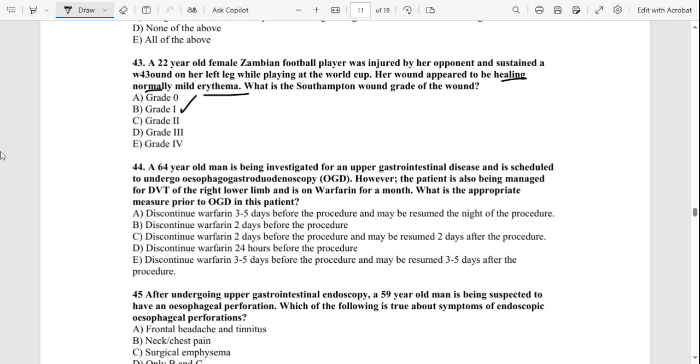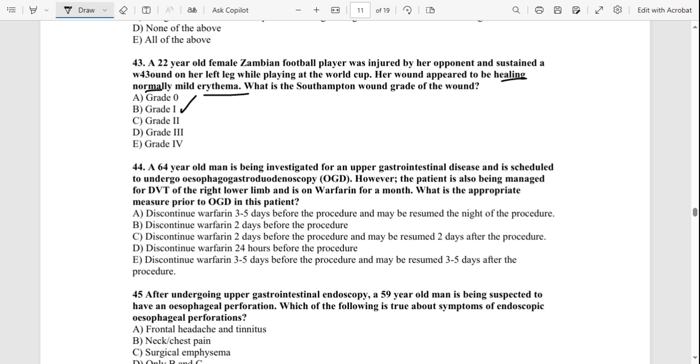A 64-year-old man is being investigated for an upper gastrointestinal disease and is scheduled to undergo esophagogastroduodenoscopy (OGD). However, the patient is also being managed for deep venous thrombosis of the right lower limb and is on warfarin for a month. What is the appropriate measure prior to the OGD in this patient?